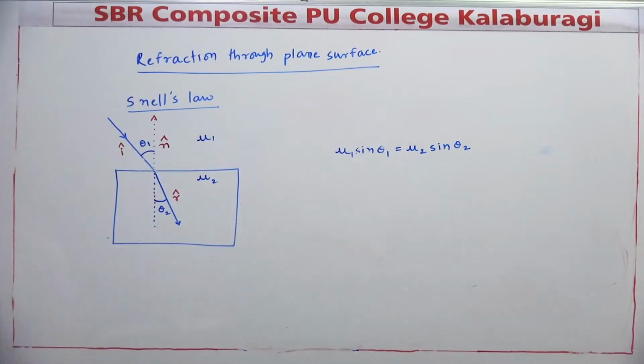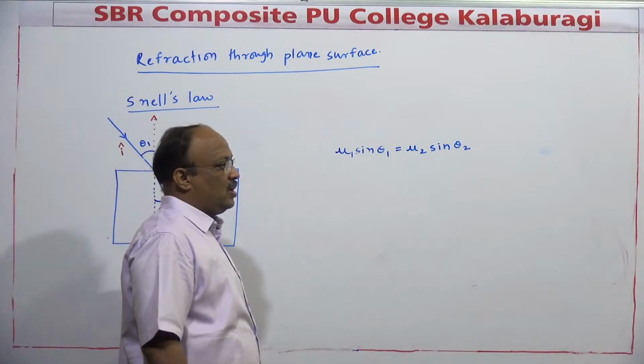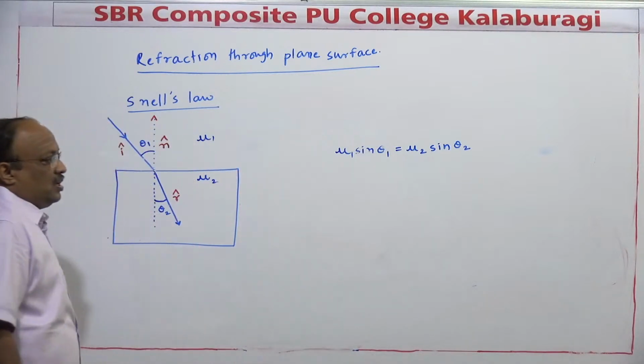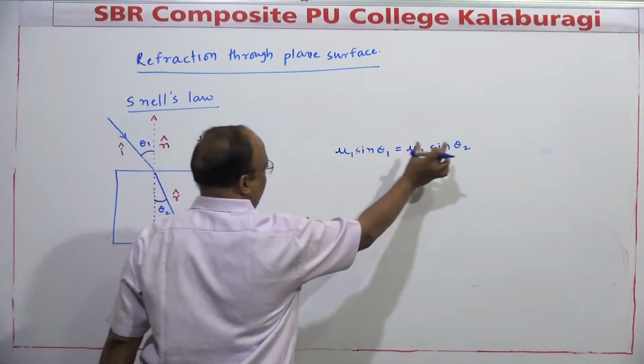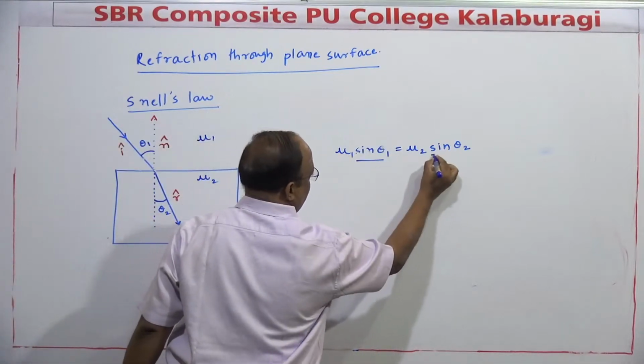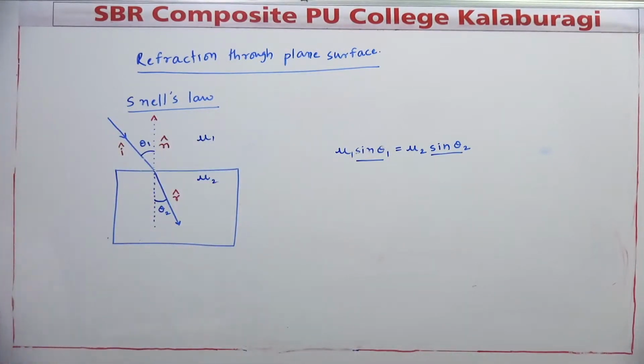Mu1 sine theta 1 is equal to mu2 sine theta 2. So I have to write this in vector form. I have to find out the values of sine theta 1 and sine theta 2.